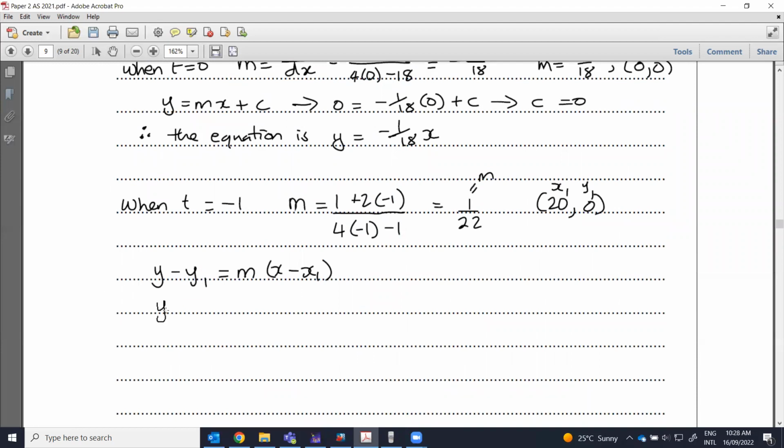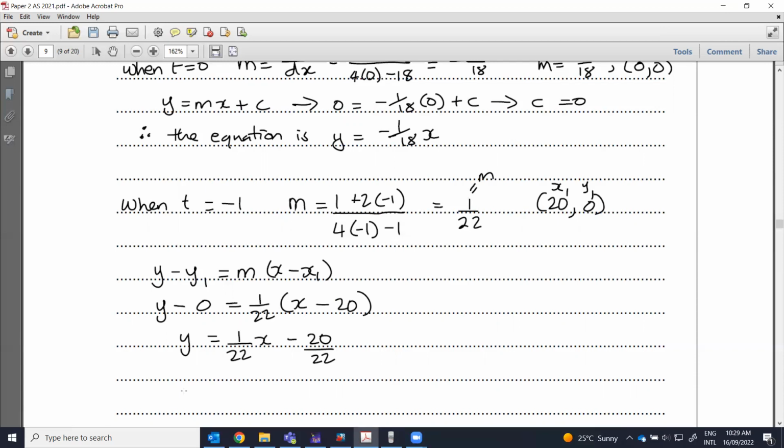So y minus y1 is y minus 0, m is 1 over 22, and x minus x1 is x minus 20. Multiplying out the brackets, I have y = 1 over 22 x, and this times that is negative 20 over 22.